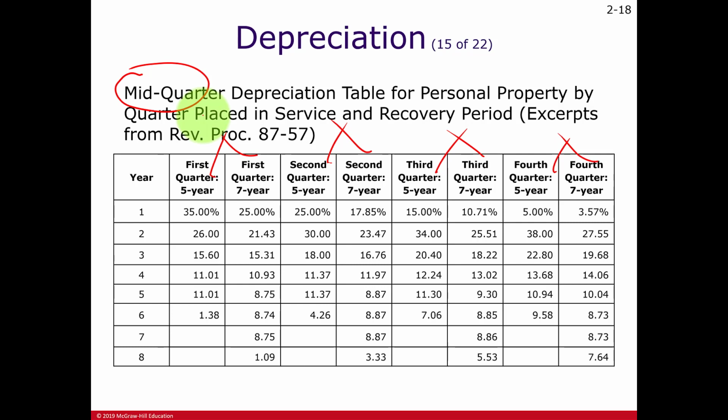And again, if you buy more than 40% of your personal property during the year here in the fourth quarter, you gotta assume each quarter you're gonna take this amount for the first, this amount for the second, this amount for the third. That's for the first year. And the second year, you just drop down to the next row for that class life.